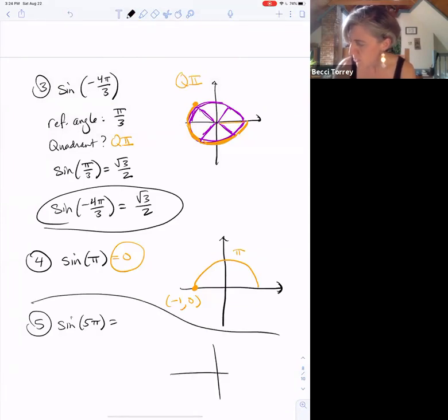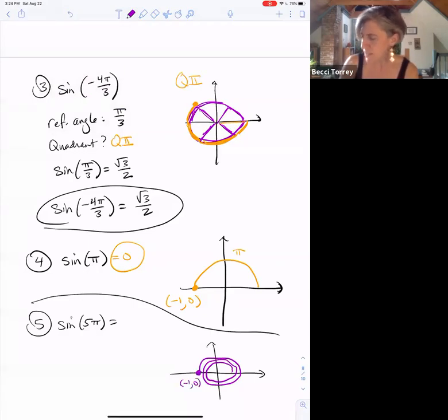So I'm going to redraw my axes down here and pick a different color. If we go all the way around the circle once, that's 2 pi. If we go all the way around the second time, that's 4 pi. And then we keep going one more pi, which is 5 pi. So we land exactly back here on the unit circle, at the same point. Sine of 5 pi is also 0.